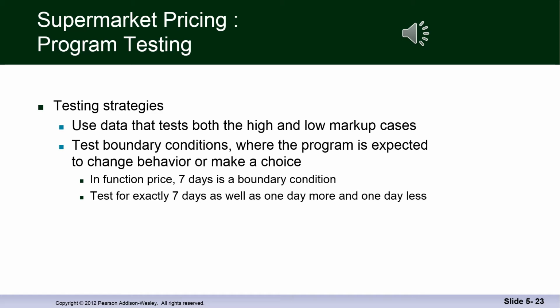In this particular case, 7 days is a boundary condition. So the recommendation is to test for exactly 7 days and test for 1 day more and 1 day less. So I would run this program with input of 6 days, 7 days, and 8 days to make sure that you're hitting the correct conditions for all three of those scenarios.